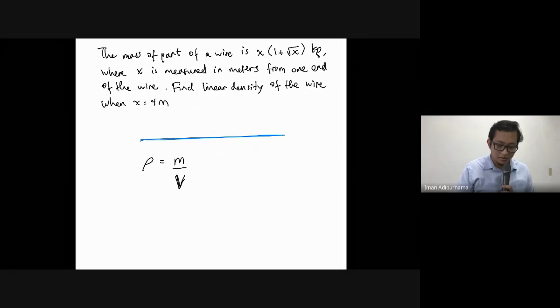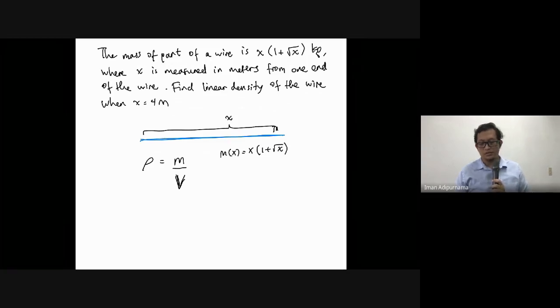So if this is x, and the mass is x, what is density? It's mass over volume. So every part of mass divided by your volume.